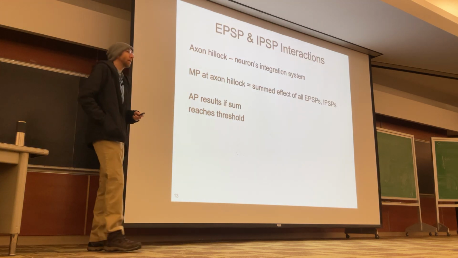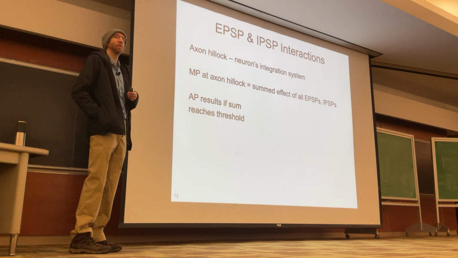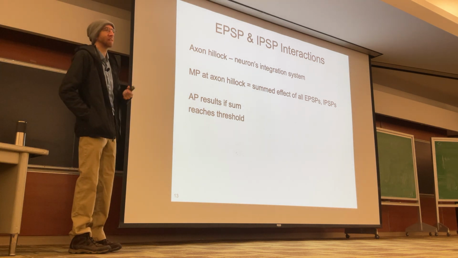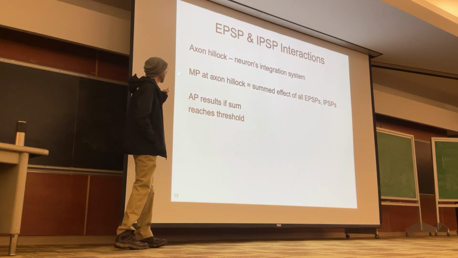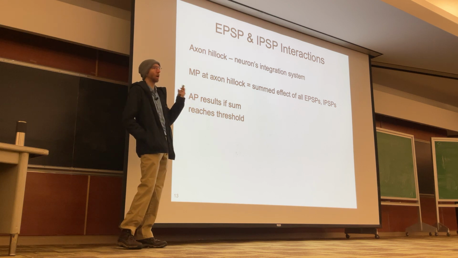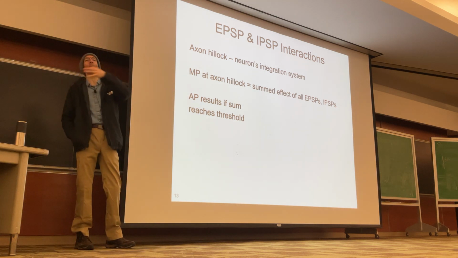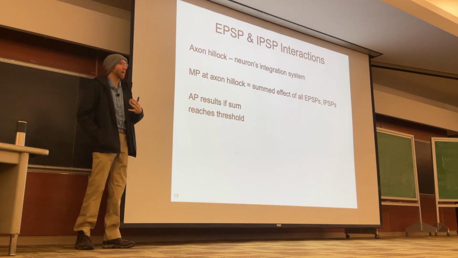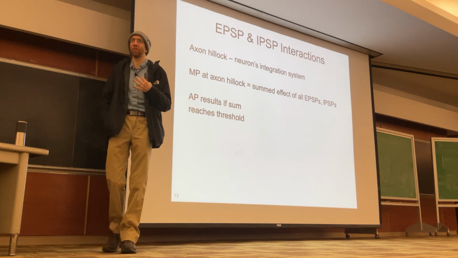So these interact at the axon hillock. As I said, that's where all of these different signals are integrated together. The axon hillock is where summation occurs. The membrane potential at the axon hillock represents the combination of all of the different postsynaptic potentials being induced at any specific time within a postsynaptic neuron.